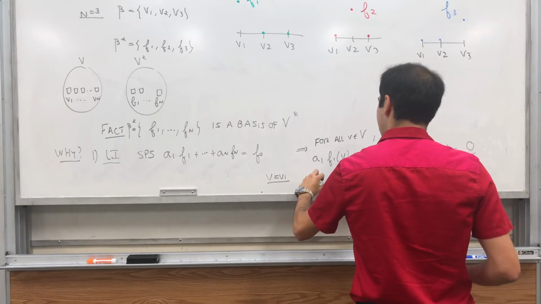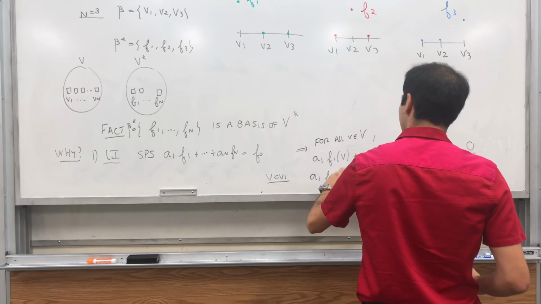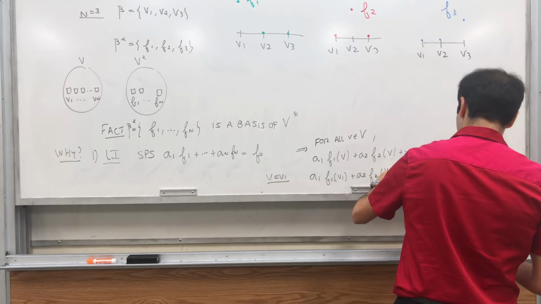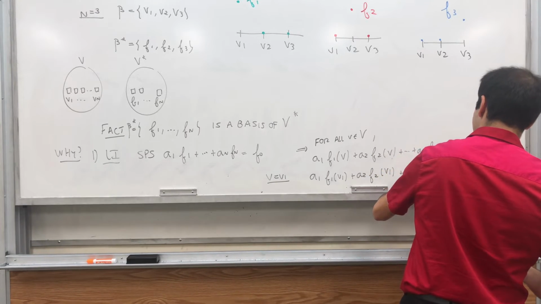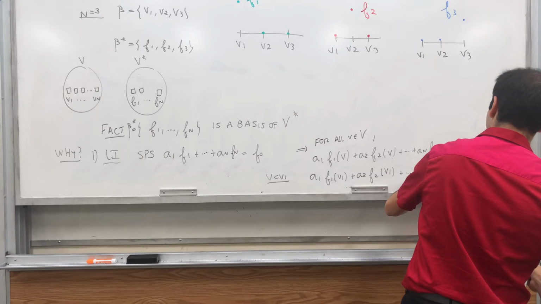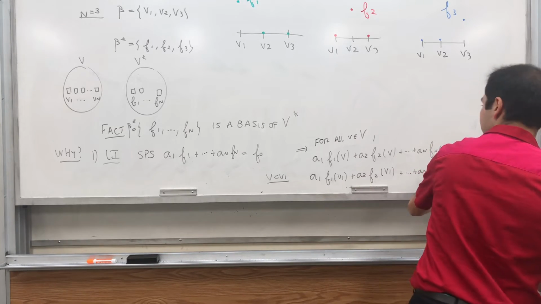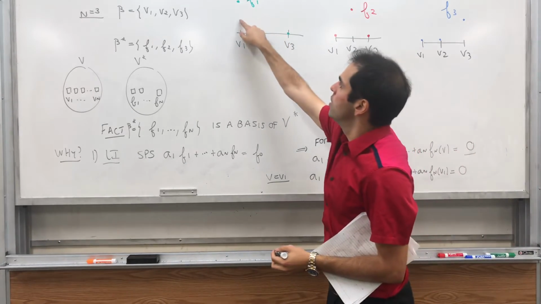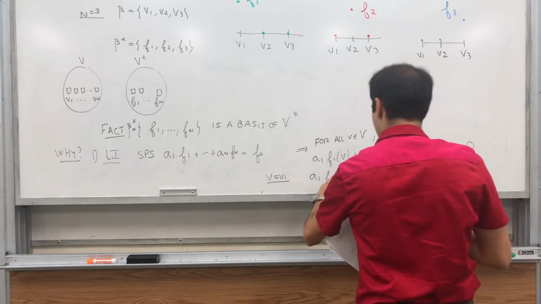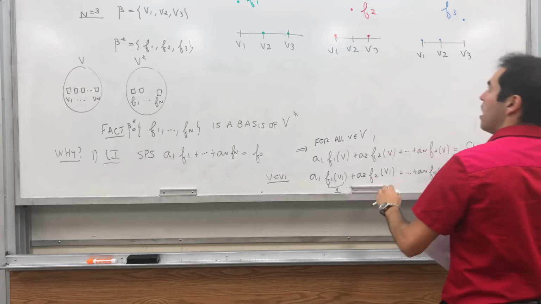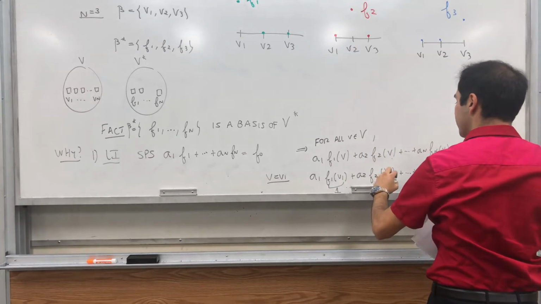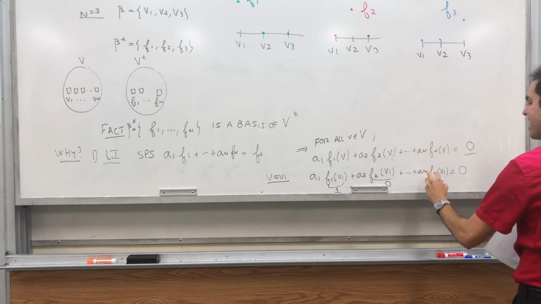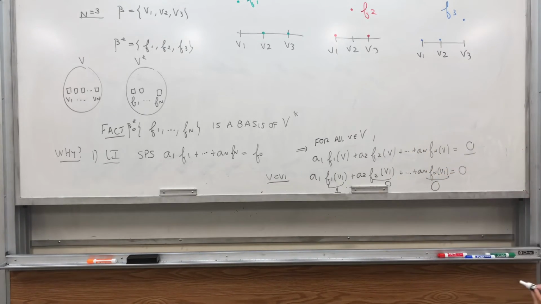Then what you get is a1 f1 of v1 plus a2 f2 of v1 plus dot dot dot plus an fn of v1 equals 0. But f1 at v1, that's 1. f2 at v1, that's 0. f3 at v1, that's 0, etc., up to fn at v1, that's 0.